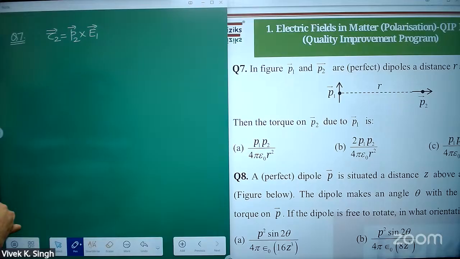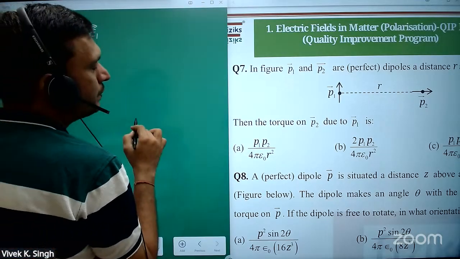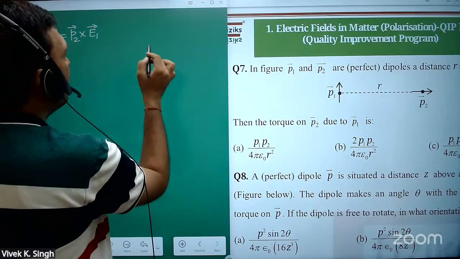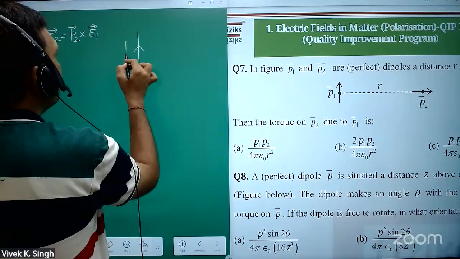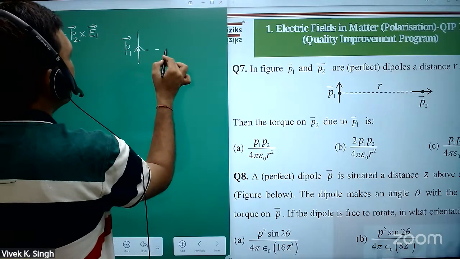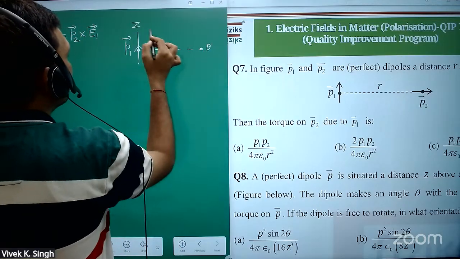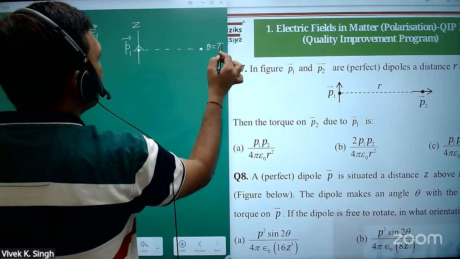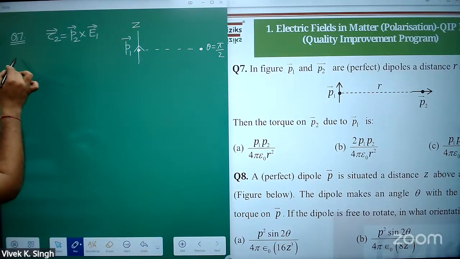Now consider this dipole is P1. Now at this point, what will be theta? Now this is the z direction. So in spherical symmetry, this will be theta equal to pi by 2. So what will be the electric field E1?